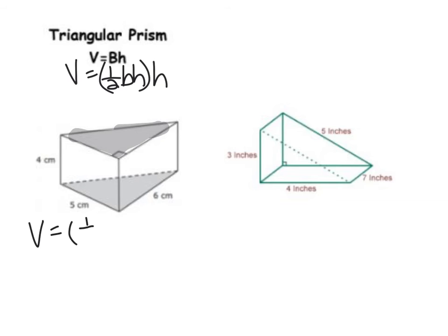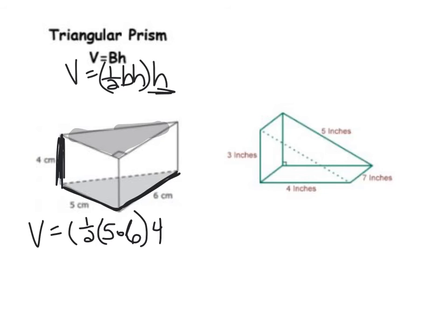So half, the base would be, what? 5. And then the height is, well, remember, we're talking about that base. So it's 5 times 6, right? Okay, and then you have the 4. And remember, I told you the height, this h, is going to be whatever's between the bases.